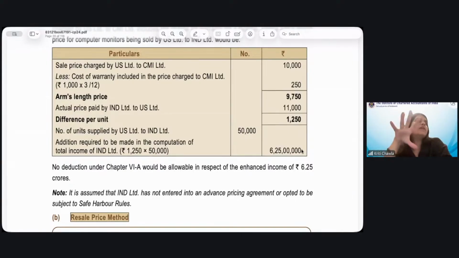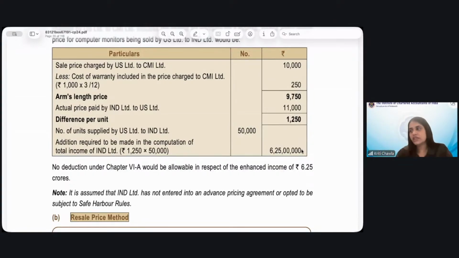So what has happened in this particular question, just to give you a summary and a perspective, is that when it comes to CUP, just start with the unrelated party situation, and then make adjustments accordingly. You need to make the two transactions comparable. So howsoever is your related party transaction, try to do the same thing for the unrelated party also.